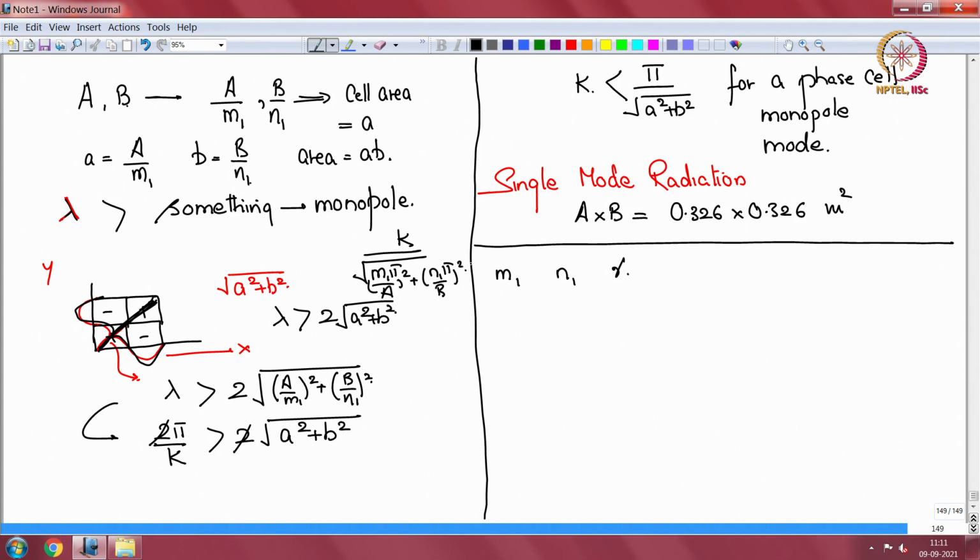This is gamma. Then we have lambda, which should be greater than some value. Then we have acoustic wave number, which should be less than some value.